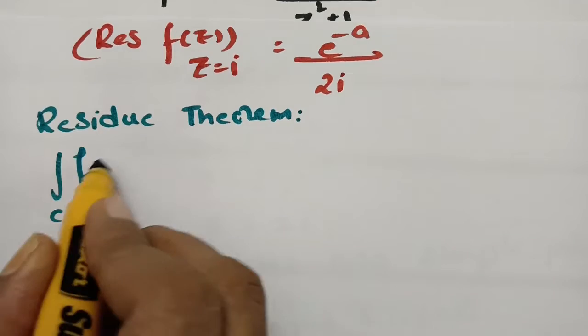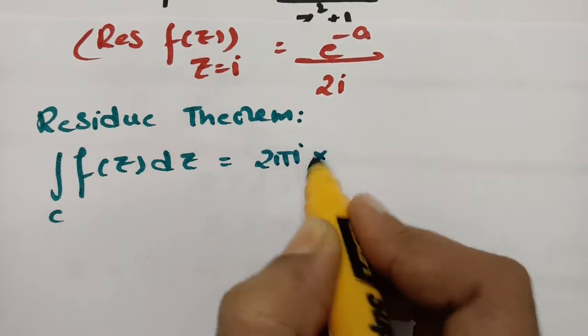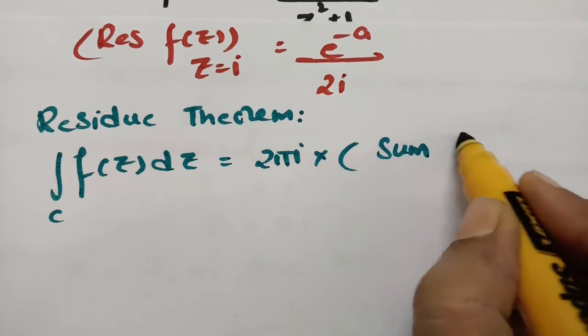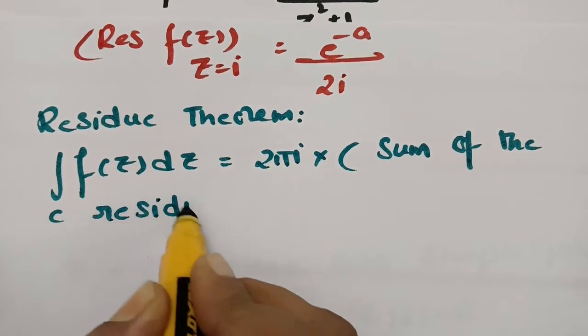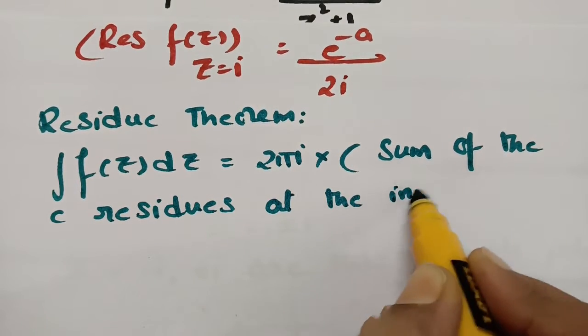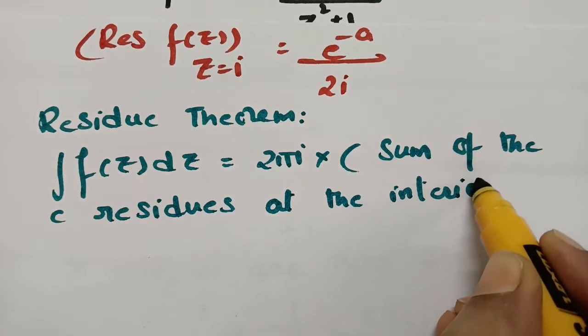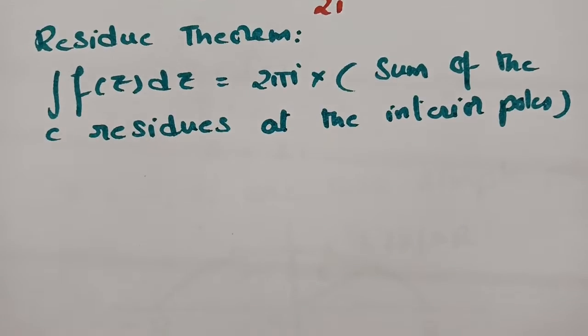According to our residue theorem, the integral over C of f(z) dz is 2 pi i times the sum of the residues at the interior poles. So what is our interior pole? The interior pole is z equal to i.